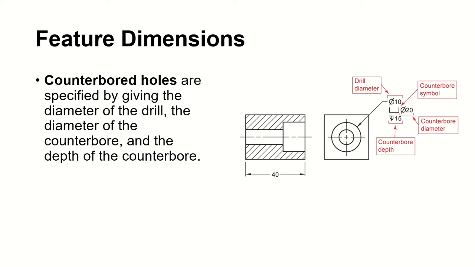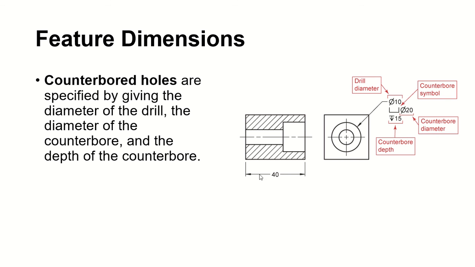So if you were given the measurement, which is the dimension of your part, you can calculate the length from here to here by subtracting, from 40, the 15 of this counterbore depth. So you have from here to here.